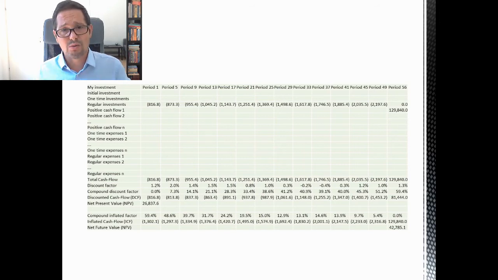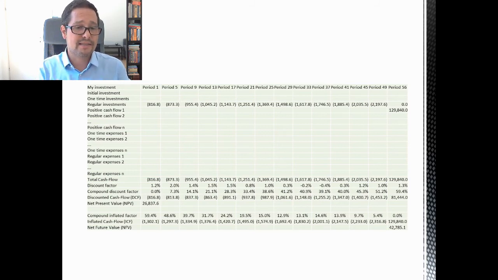If you go the other way around and you say I want to see the value in the period 56, remember you need to compound this inflation factor, but you are going from right to left. That means that you need to take the value, for example, from period 1 and multiply it, in this case, with 1.6 or 159.4%.